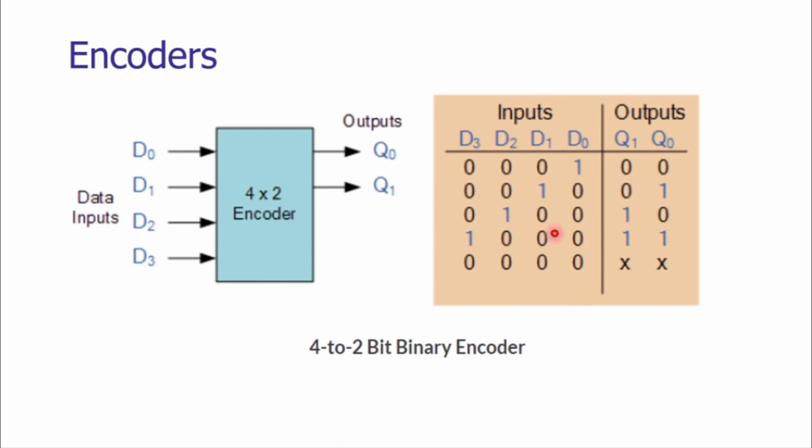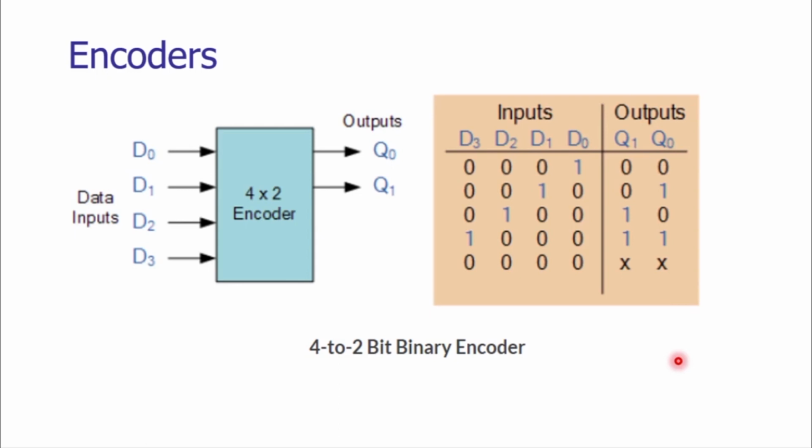For D2, the Q1 is 1, Q0 is 0. For D3, Q1 is 1 and Q0 is also 1. But in case all the input data lines are giving us no data, 0 volts, that would be an invalid output we will be getting.